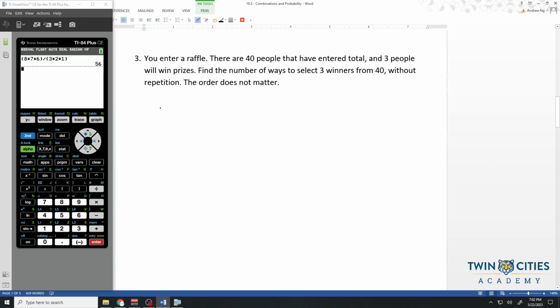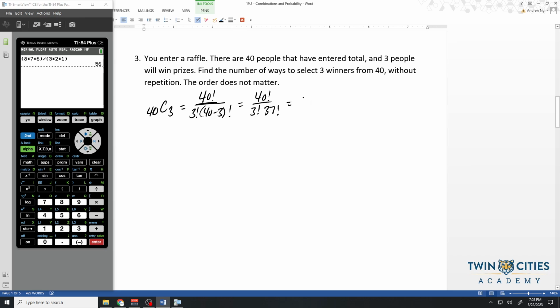First, let's set it up. 40 people enter, choosing 3 of them to win. So this is 40 factorial over 3 factorial, and then 40 minus 3 factorial. So I've got 40 factorial over 3 factorial, 37 factorial.